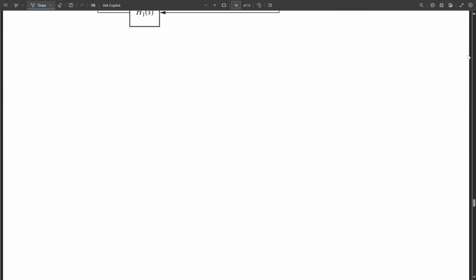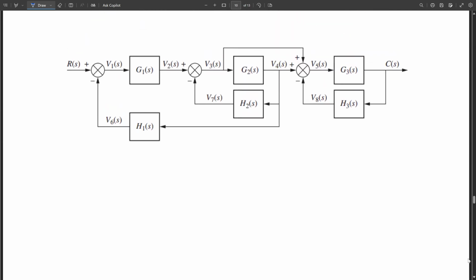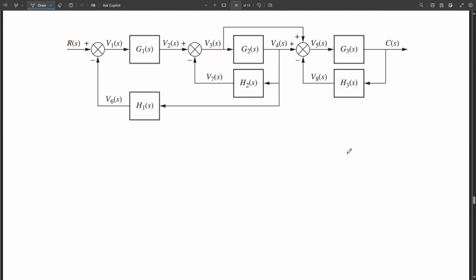Okay, let's solve this. Can you give me a minute to draw the signal flow graph for this?